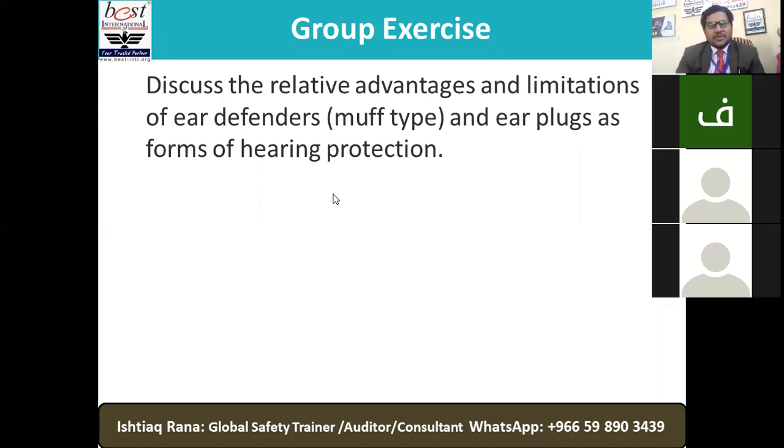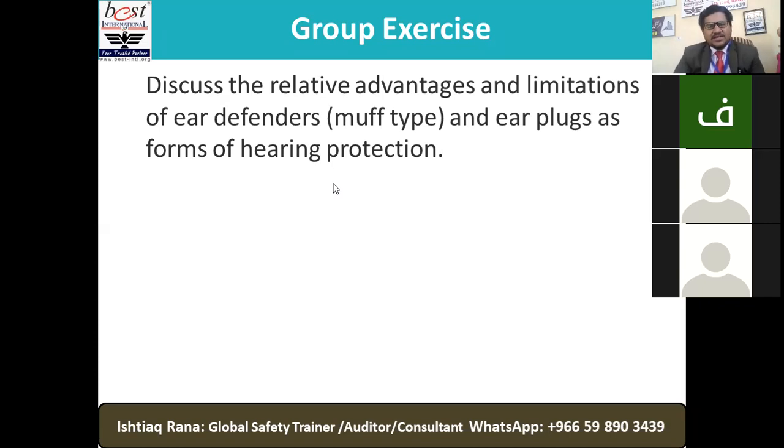Also we need to maintain them. They shouldn't be contaminated or dusty. We have to clean properly before each use, because it is over and over that you are going to use the earmuffs. But earplugs, once contaminated, people don't like to put them again inside the ear canal.